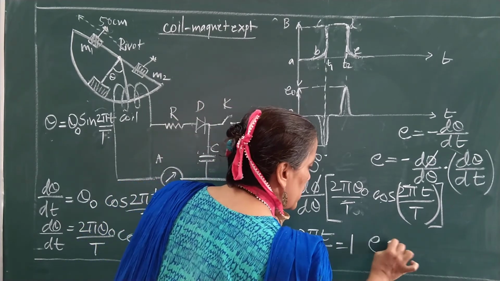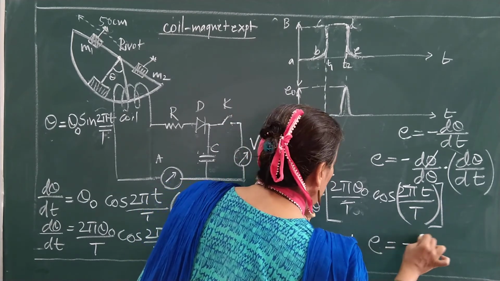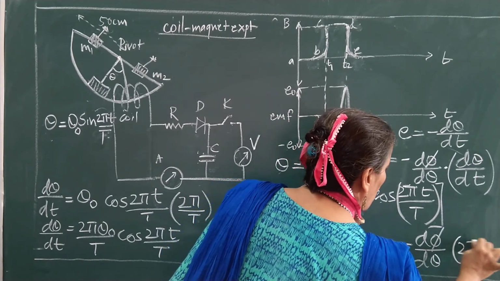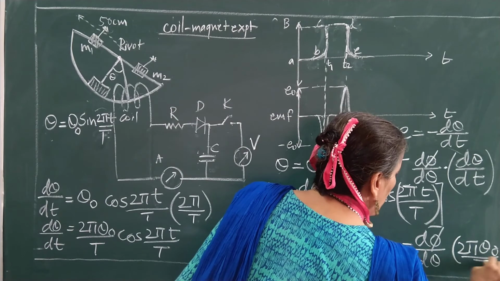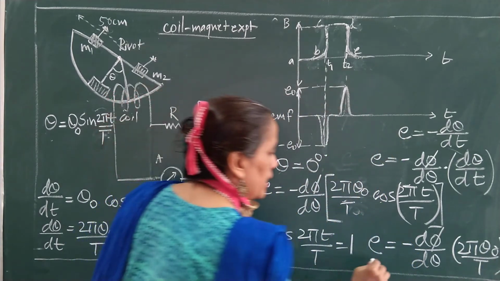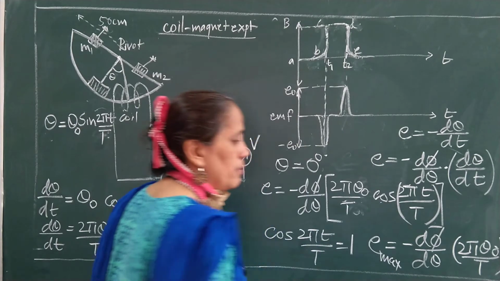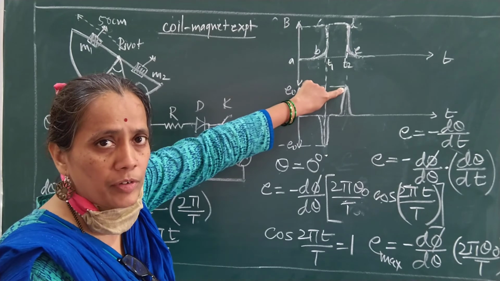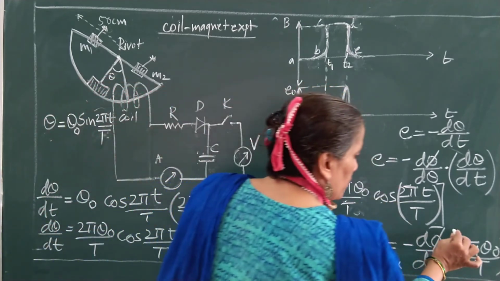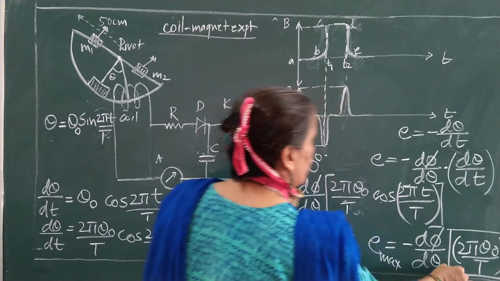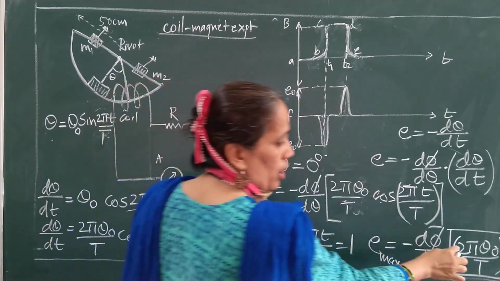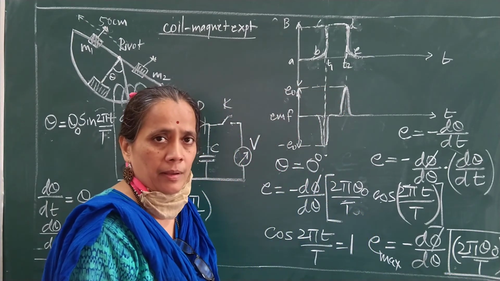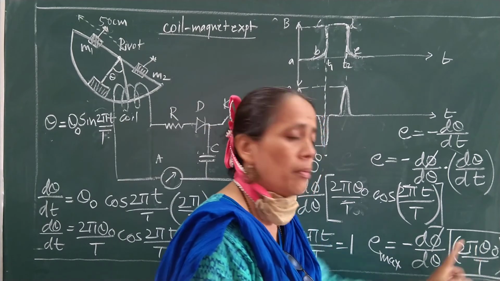At that time your EMF E is equal to nothing but minus d phi by d theta into 2 pi theta 0 upon T. At that time, this EMF value will become maximum. EMF value maximum means what? This is the maximum value, so this term reduces to the peak value of EMF. Peak value of EMF, E0, is equal to what? 2 pi theta 0 upon T. Right? This is nothing but your peak EMF.